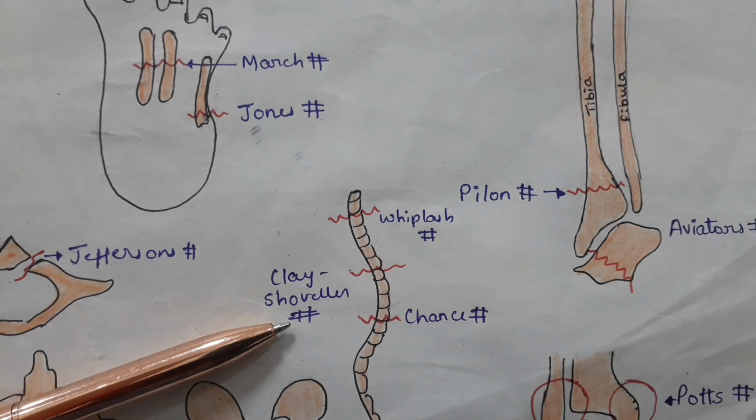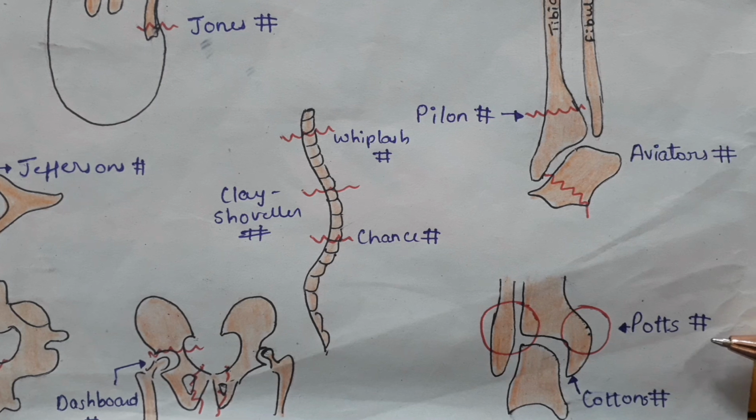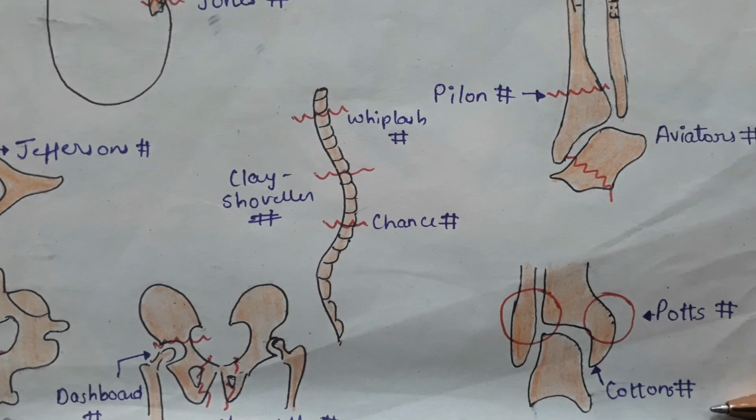Clay-shoveler's fracture is an avulsion fracture of the spinous process of one or more of the lower cervical or the upper thoracic vertebrae. Pott's fracture is a bimalleolar ankle fracture. Cotton's fracture is a trimalleolar ankle fracture.